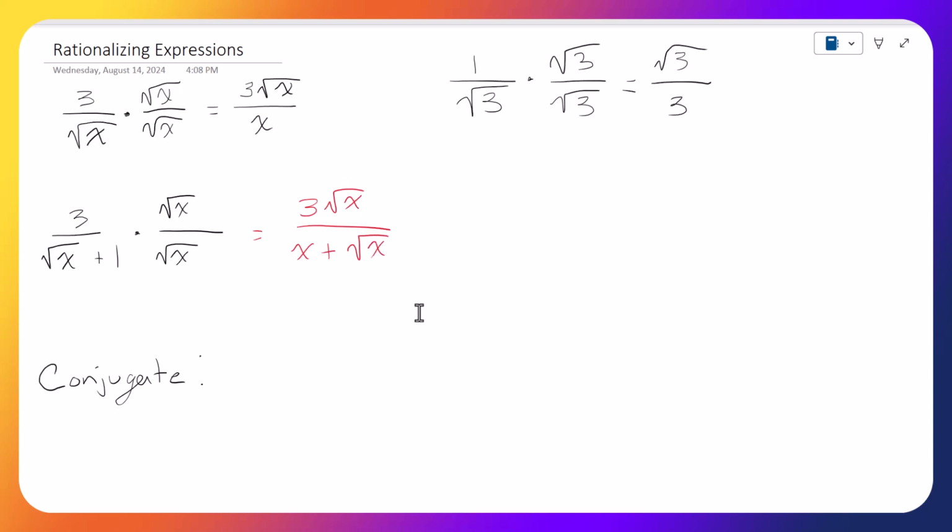And we still have a square root in the denominator. This is not good. That's not what we want. We want to get rid of that square root. We don't want any square roots in our denominator.